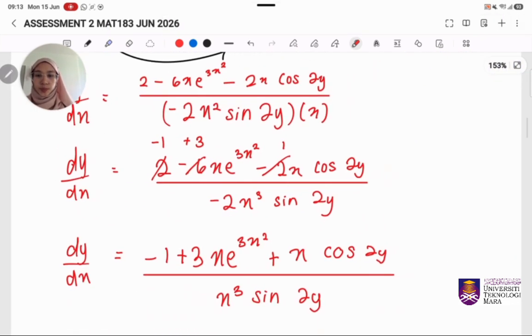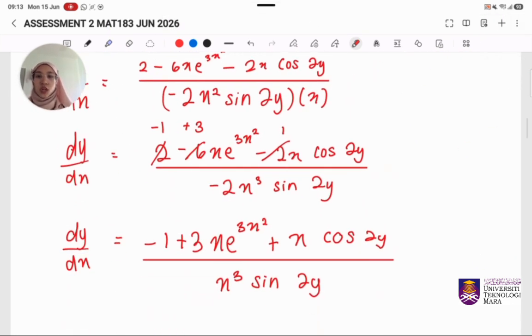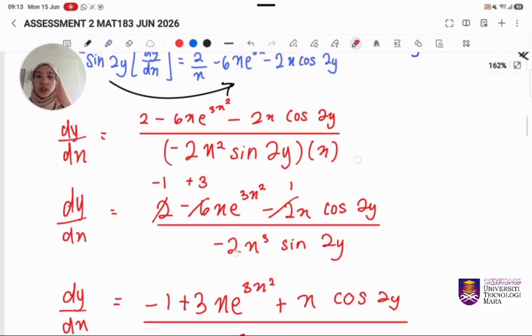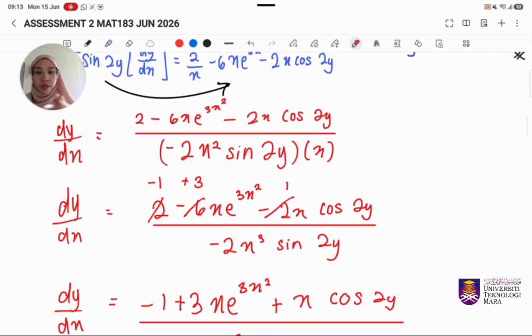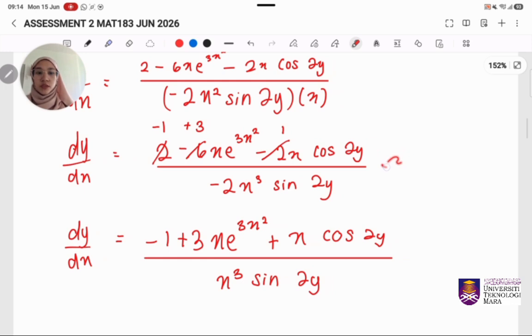Next, after we arrange, we need to simplify. We can simplify all this by dividing by negative 2, or we can also factorize. So it becomes 2 minus 2 right here, but I don't want to put that, I just want to cancel out. So I just want to divide all this by negative 2 to cancel this one.